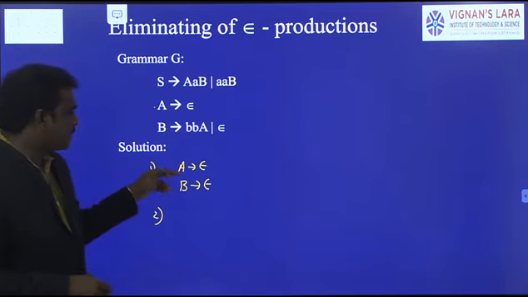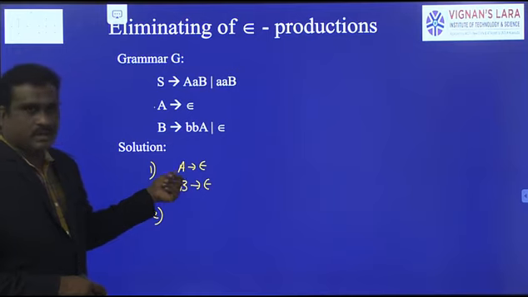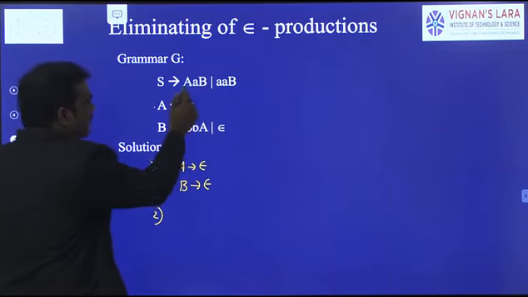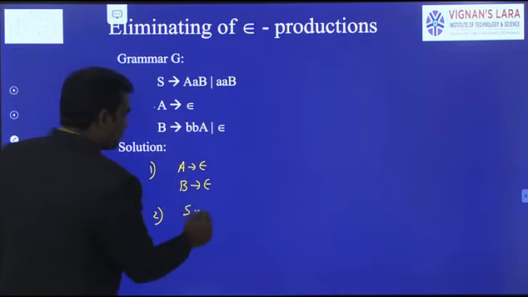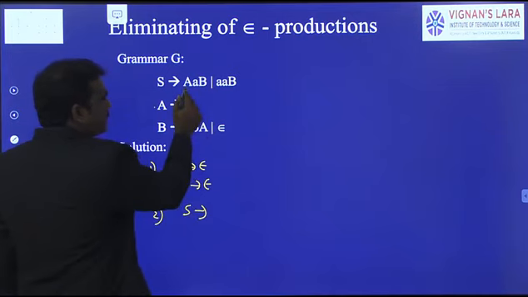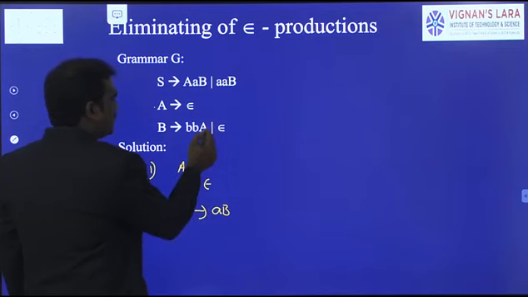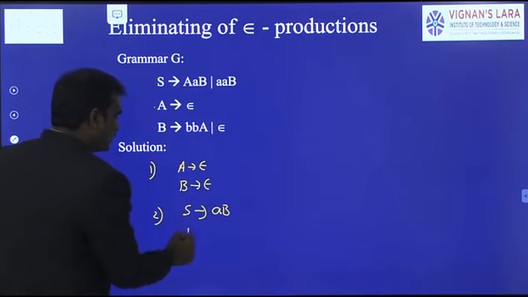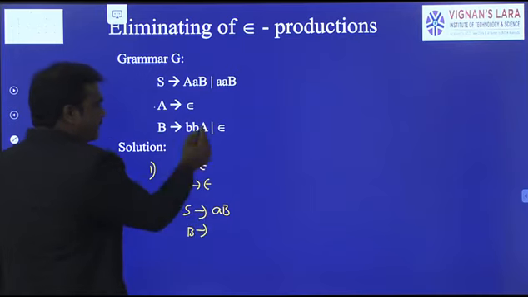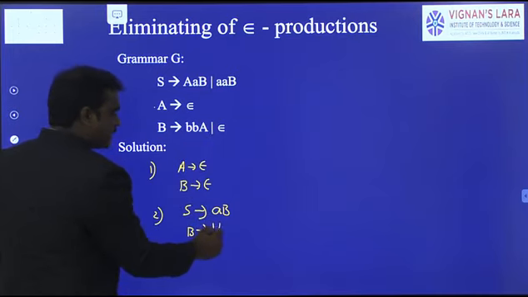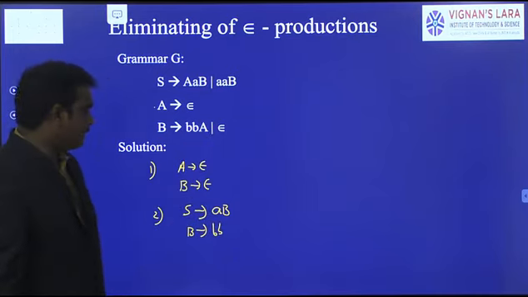First I want to remove the nullable production A. So S to AB: now A is replaced with epsilon, and the result is B. Then there is no A here. Here also A is replaced with epsilon, and now we will get the new production B to BB.